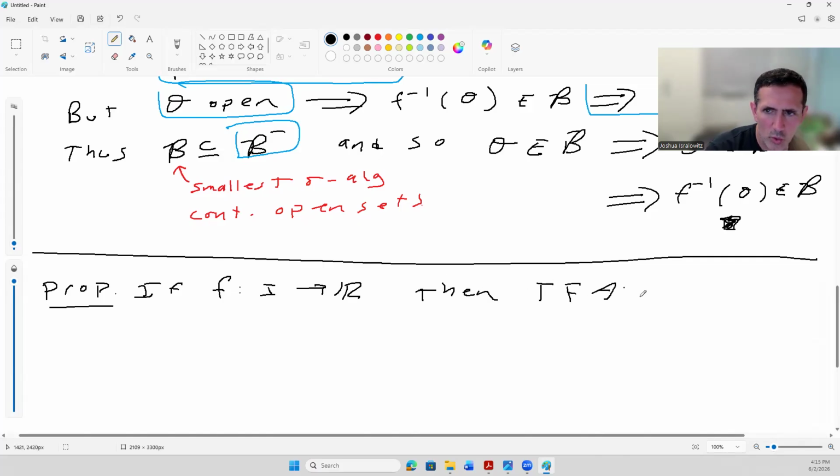So the following are equivalent to F being Borel measurable.